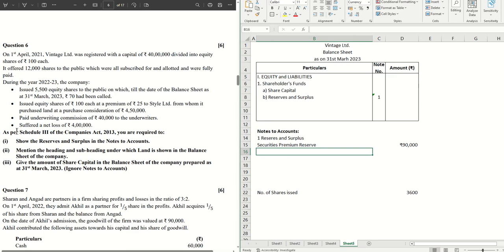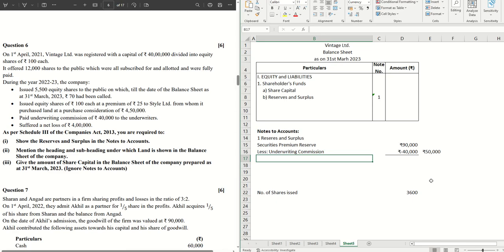From the third point, paid underwriting commission of rupees 40,000 to the underwriters. So as per the rules, we subtract it first from securities premium if it exists, so we'll subtract it from here. Underwriting commission. We subtract that, which is 40,000, a negative figure. So what do we get? If we subtract it here and write the amount here, 50,000 we are getting.